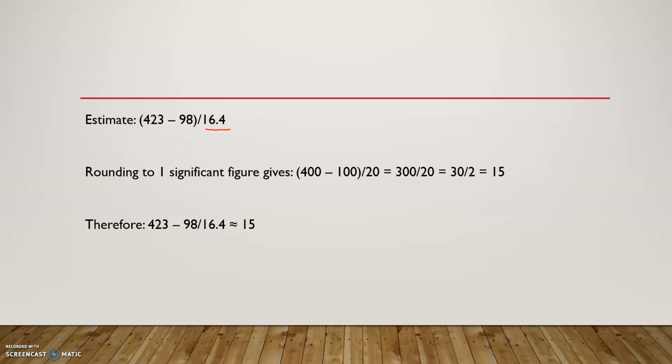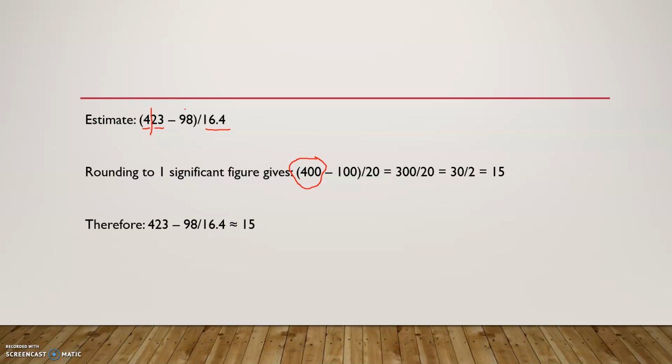Again, we put a vertical line after the first non-zero digit, and here we go, 2, which is less than 5, hence we're not going to change the first digit. We keep it as it is and make the rest of the numbers zeros. So we'll have 400.